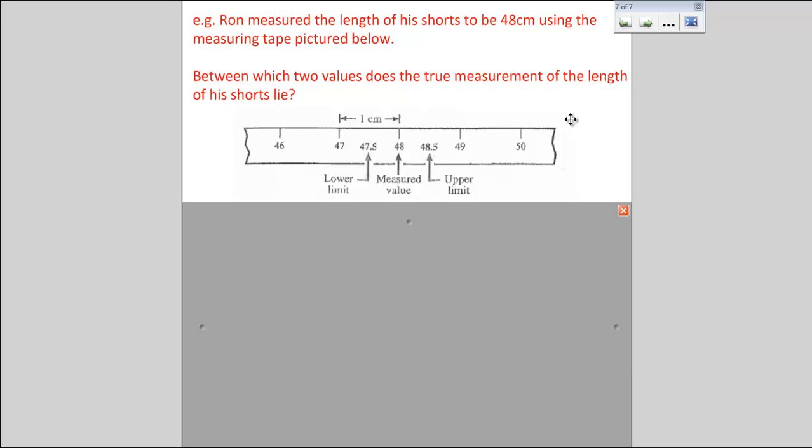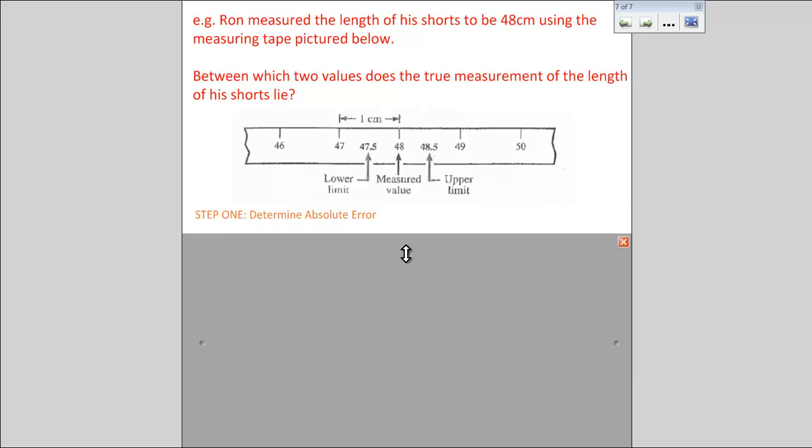Ron measured the length of his shorts to be 48 centimetres using the measuring tape that's pictured there. The question is, between which two values does the true measurement of the length of his shorts lie? So we're going to end up with the range, okay? But to get there, we first need to start by determining our absolute error.